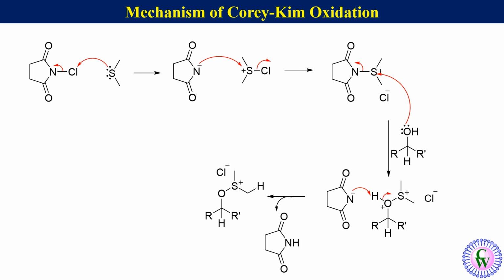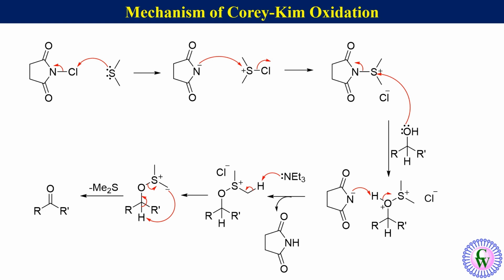Methyl proton is acidic due to the presence of positive charge on sulfur. Triethylamine abstracts this proton to produce sulfonium ylide, which undergoes intramolecular proton abstraction like this, eliminating dimethyl sulfide to produce aldehyde or ketone.